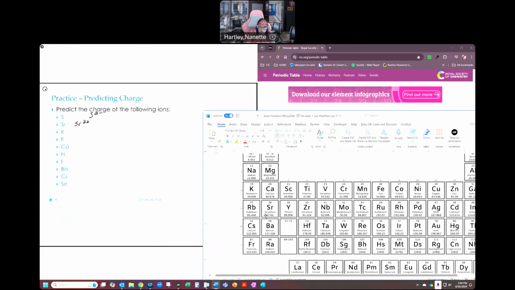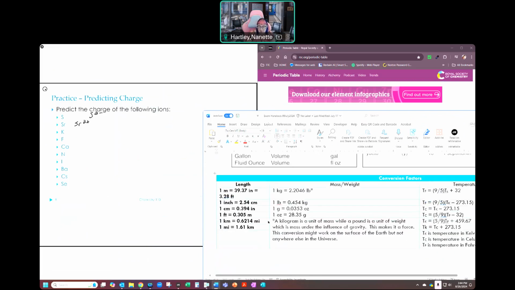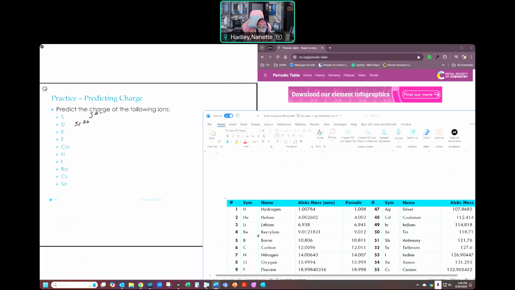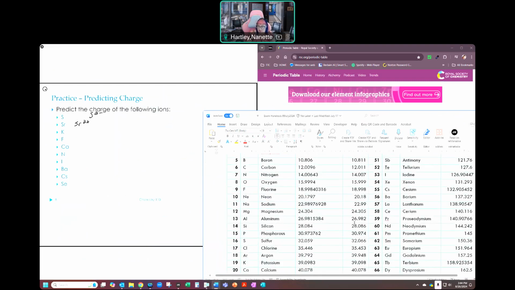If I was having trouble seeing him, I may not necessarily be able to read the strontium. It's very small on this thing, so I can see it here because it's actually bigger than it is on my piece of paper. But you might have an easier time reading the name from this table than you do from the periodic table that's there.